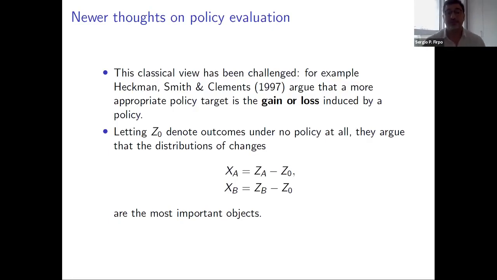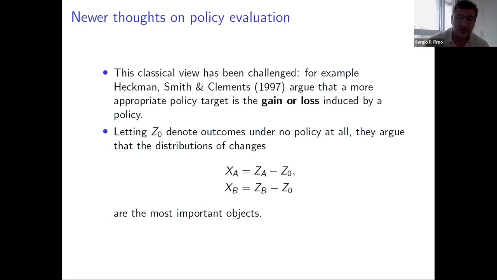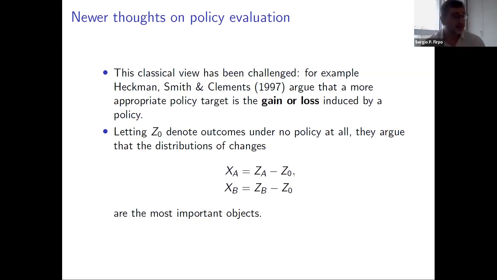Under no policy, someone who would be very well off under the distribution of Z0 might, when you implement policy A, be in a very bad situation under the distribution of ZA or ZB. There is no reason to believe that they would remain at the same ranking.